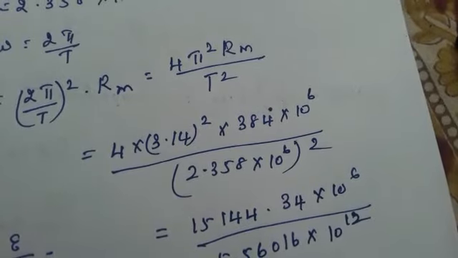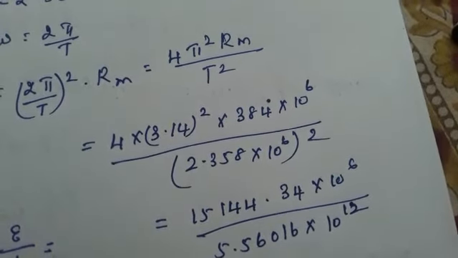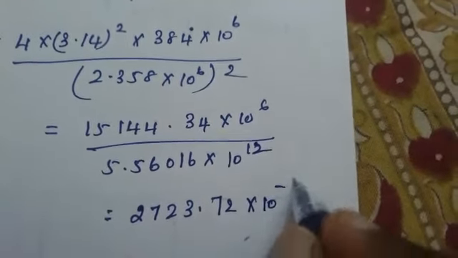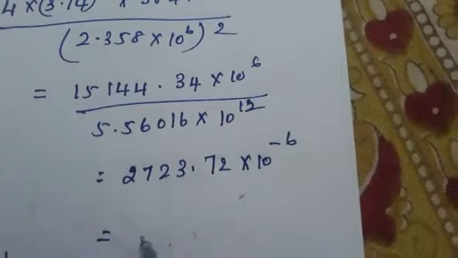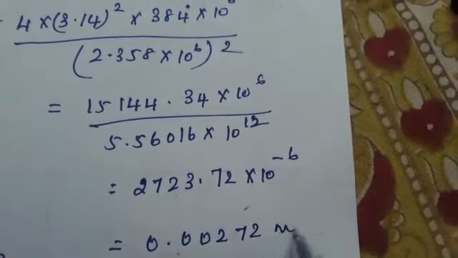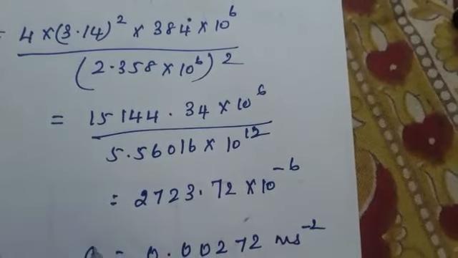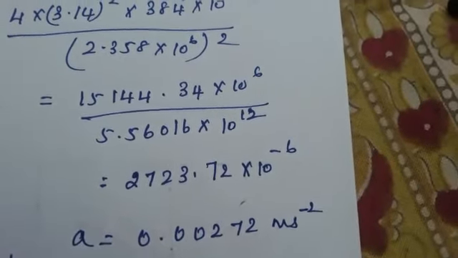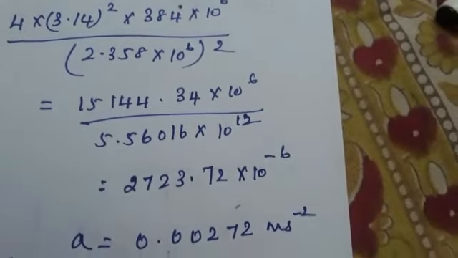So you will be getting the answer as 2723.72 into 10 raised to minus 6. So this can be written as 0.00272 meter per second square. So this is the acceleration of the moon. This was calculated by Newton. This was calculated by whom? Newton.